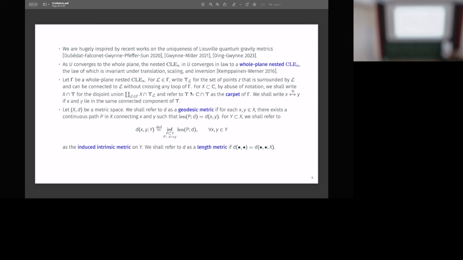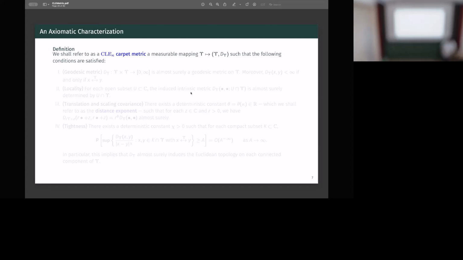Here we write x left-right arrow y if they are in the same component, which just means they are in the same epsilon L for some L. Because we don't want the geodesic to cross any loops, we only consider the distance between 2 points in the same component of this epsilon.